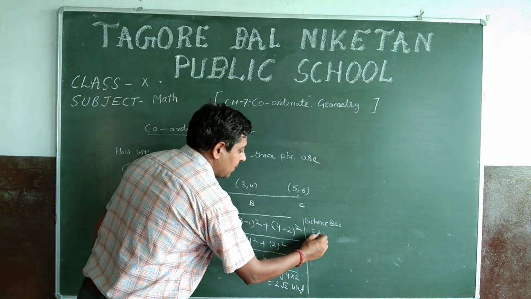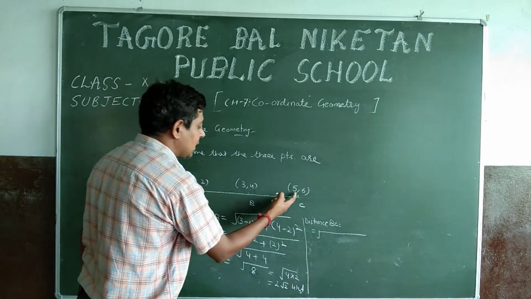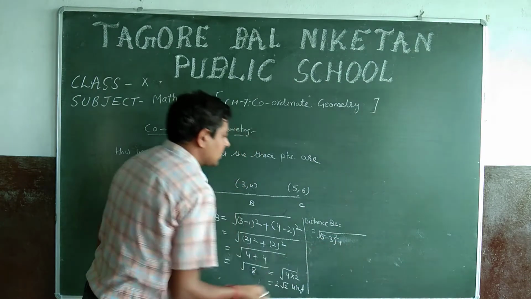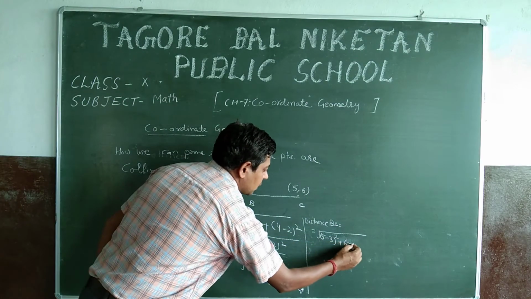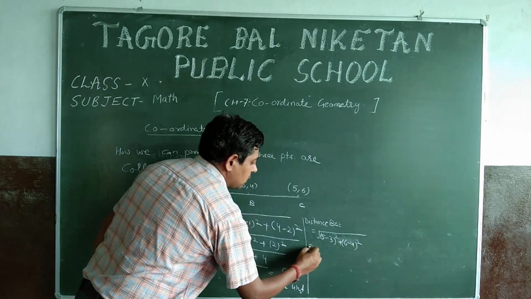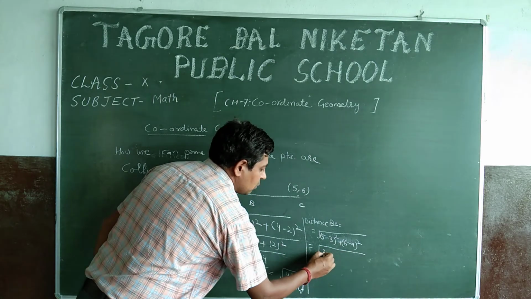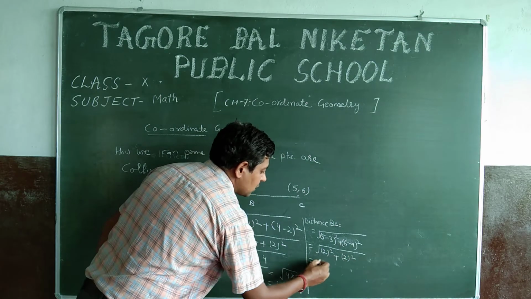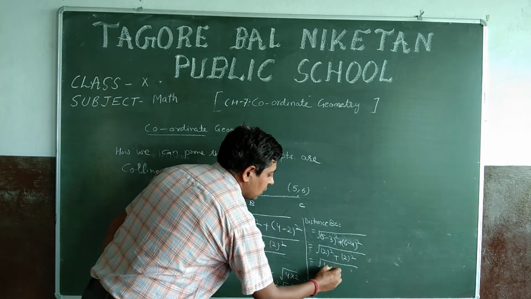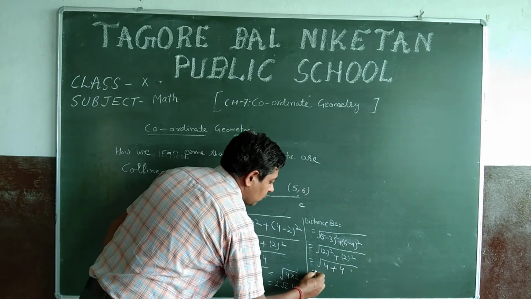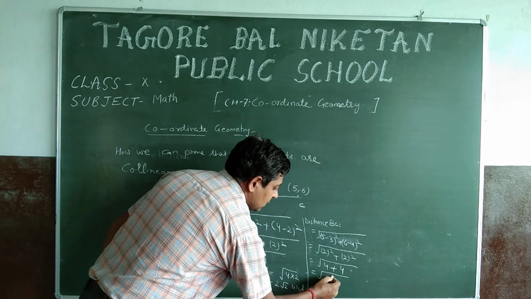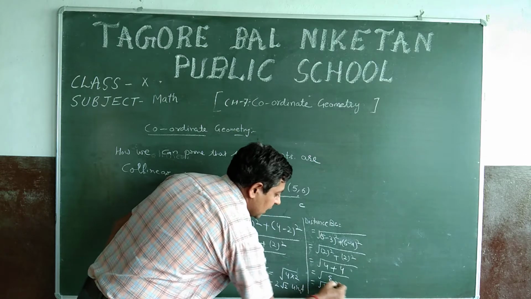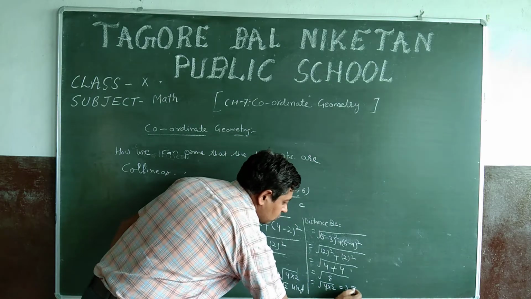So we apply the distance formula: x2 minus x1 whole square means 5 minus 3 whole square plus 6 minus 4 whole square. 5 minus 3 equal to 2, 2 square, plus 6 minus 4 again equal to 2, 2 square. 2 square is 4 plus 2 square 4, 4 plus 4 is 8. 8 we can write as 4 into 2, square root of 4 equal to 2 root 2 unit.